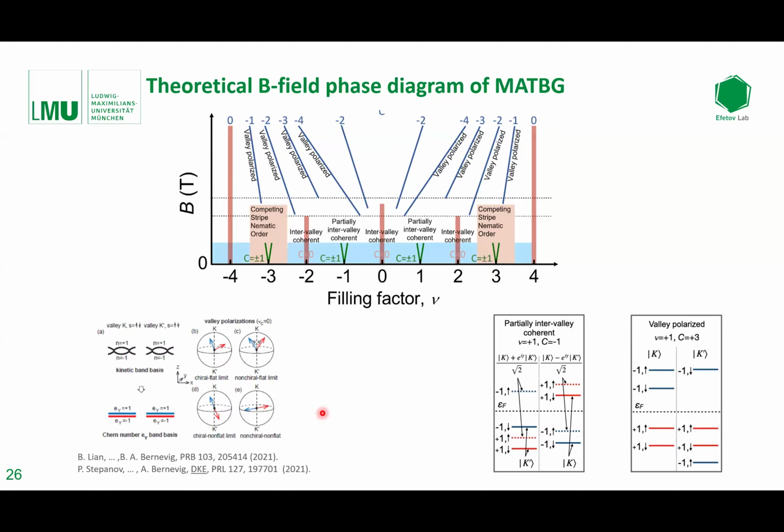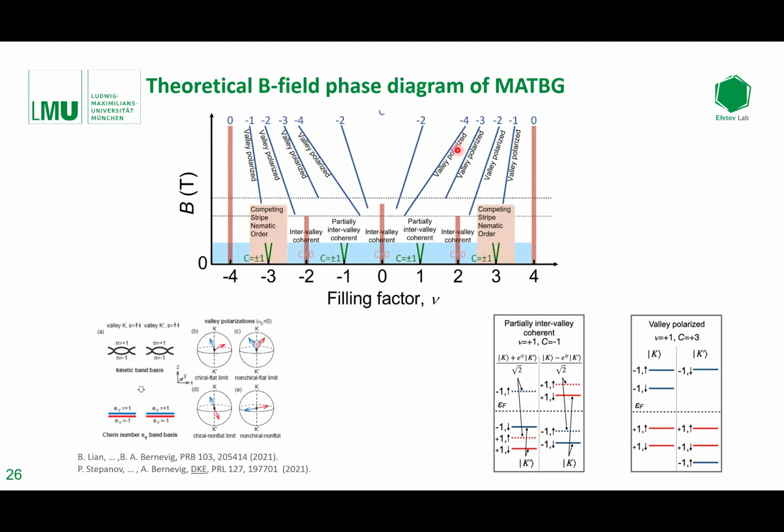Because we're constructing our ground states from these orbitals with K, spin and sublattice, we can show that the valley polarized states that originate from the different integer filling Fermi surfaces have to have the corresponding Chern numbers that I have shown you before.